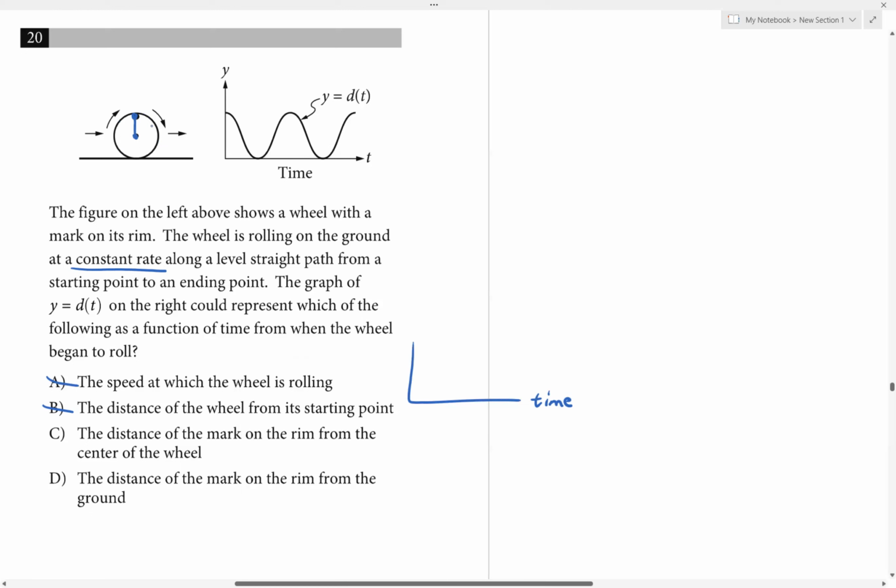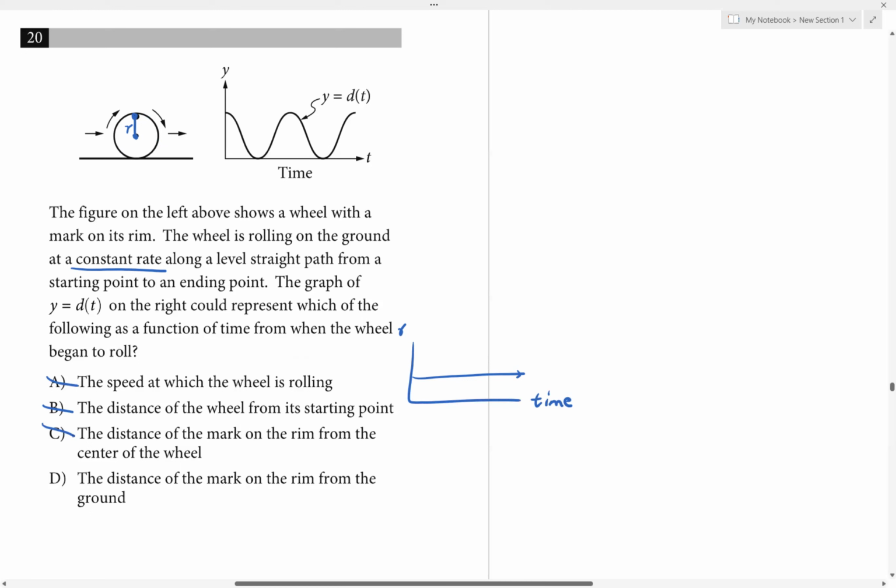No. No matter where the mark is, above or below, the distance from the center will be the same. It will be the radius of the circle. So if you graph that, it will be a horizontal line, because the radius will be the same. No matter how it turns, that distance won't change. So it's actually not C.